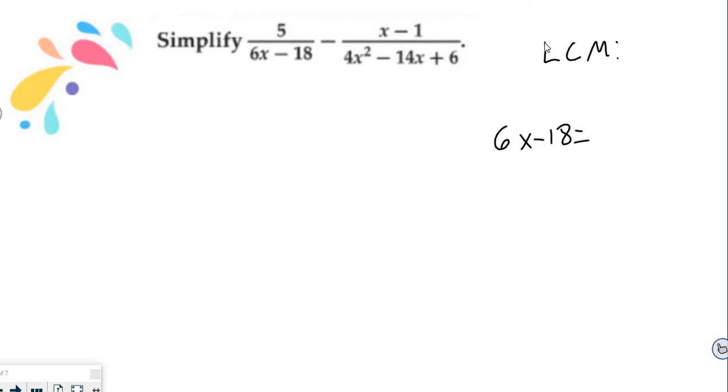So on our first one, what can we factor out? Yeah. We can factor out a 6. So we're left with x minus 3. Okay?